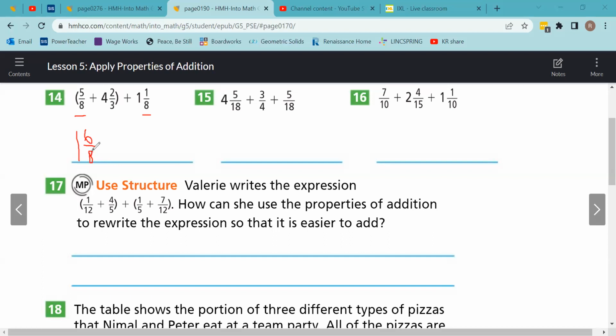Now, oopsie, some of you immediately notice, hey, 1 and 6/8 is really 1 and 3/4. Yes, it is. So you can leave it as 1 and 6/8, or you can simplify it to 1 and 3/4, but we still do have to add that 4 and 2/3.